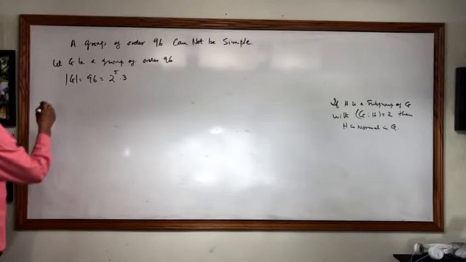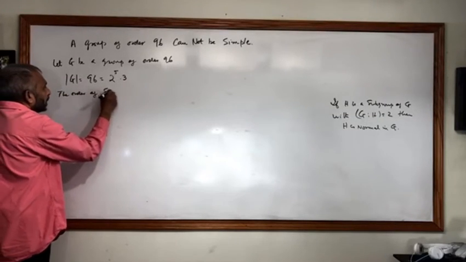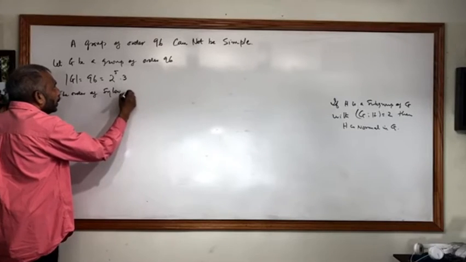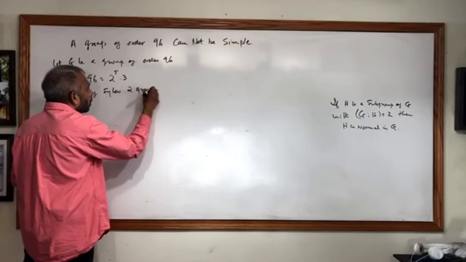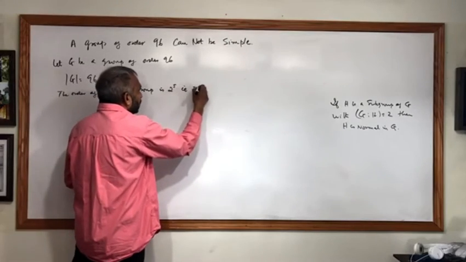So the order of a Sylow 2 group is 2 to the power of 5, and that is 32.